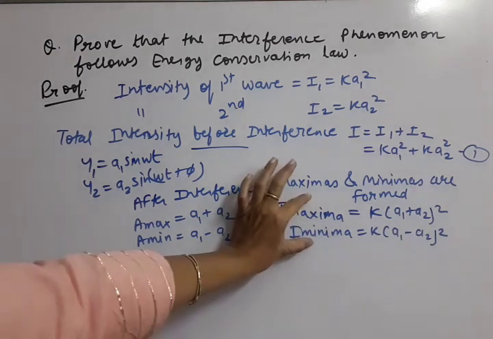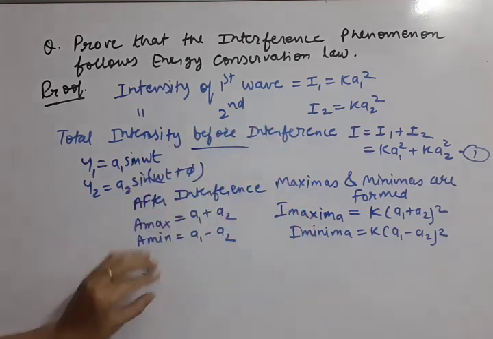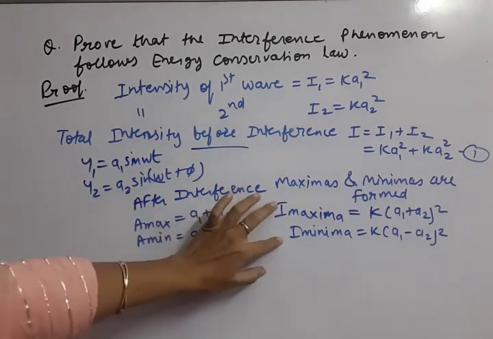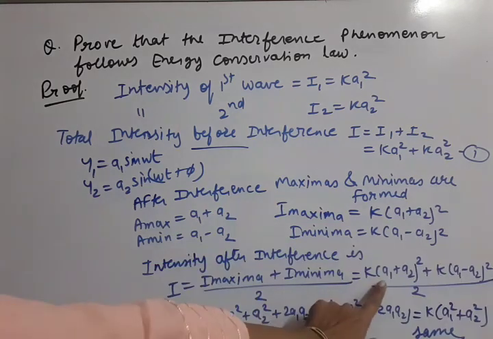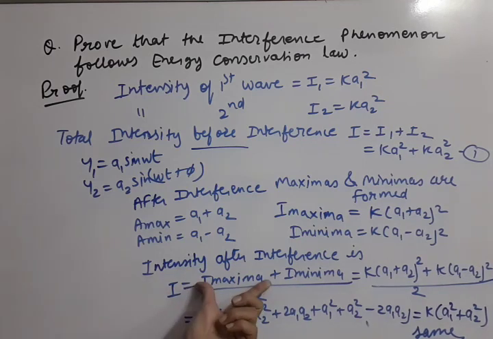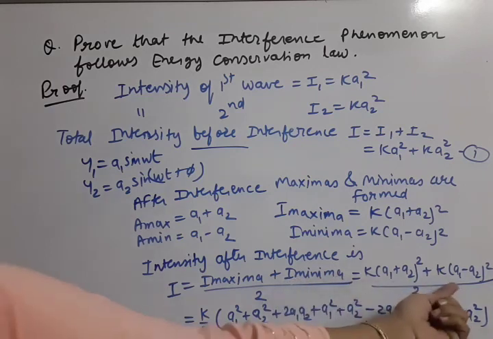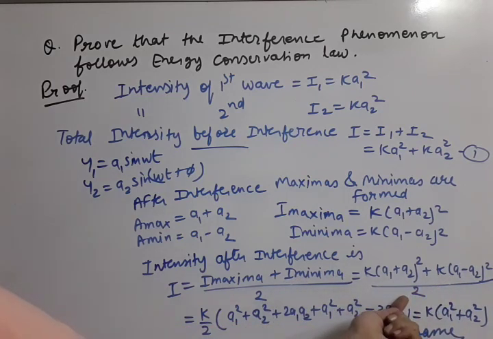So we have got so many maxima and minima on the screen. To get the final intensity, we have to take the average of the two: I maxima plus I minima, divided by 2. I maxima value substituted from here, I minima value substituted from here, divide by 2.